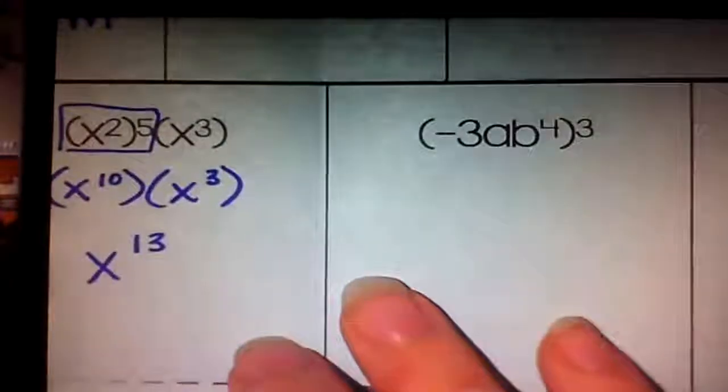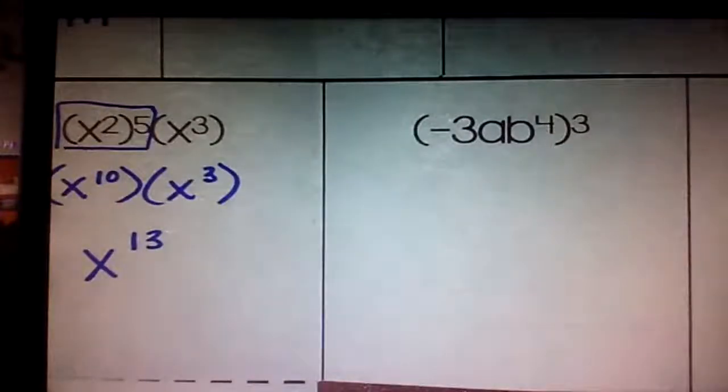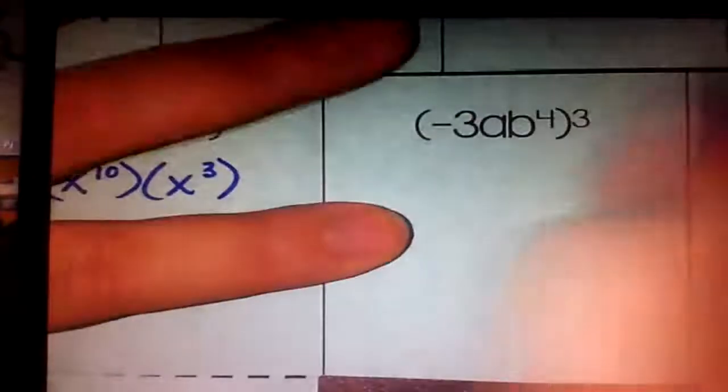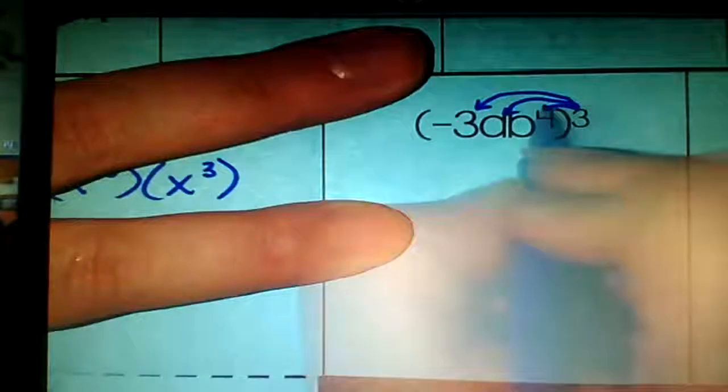Okay, look at this one. I think it's -3a and 1. Okay, remember, that 3 has to go against every power in there. So there's a power here, there's a power here, and there's a power here.